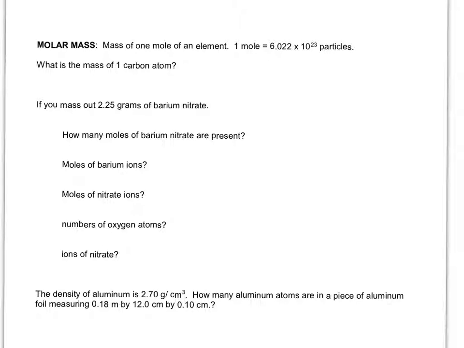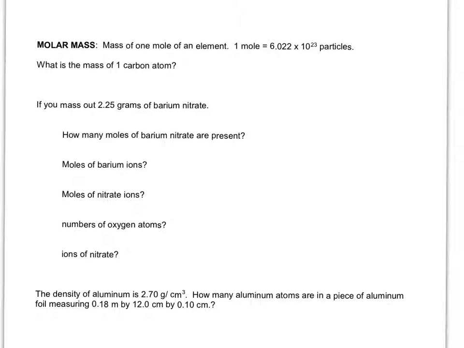Or you could use that same number for a whole mole, and you use it in units of grams. So the mass of one whole mole of carbon atoms is about 12 grams. So again, the mass on the periodic table is either the mass of one atom in atomic mass units, AMUs, or the mass of one mole in grams.